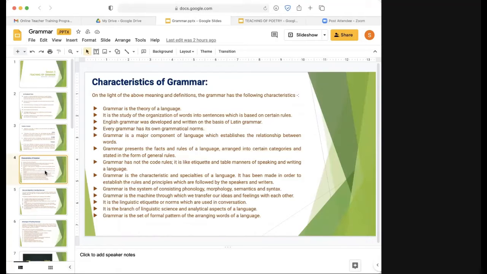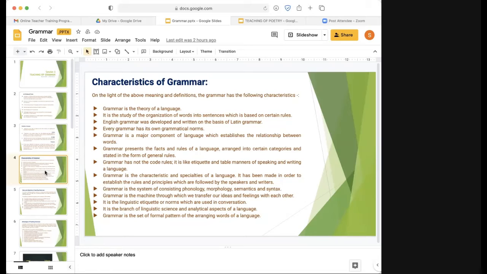Grammar is not a code of rules. It is like etiquette and table manners of speaking and writing a language. Grammar is the characteristics and specialities of a language. It has been made in order to establish the rules and principles which are followed by the speakers and writers. Grammar is the system consisting of phonology, morphology, semantics, and syntax.